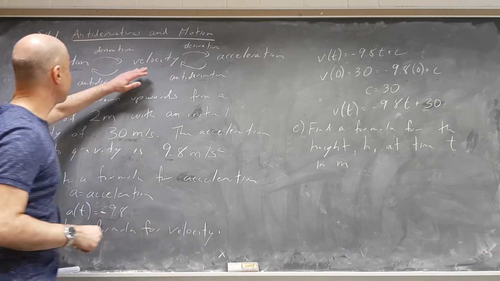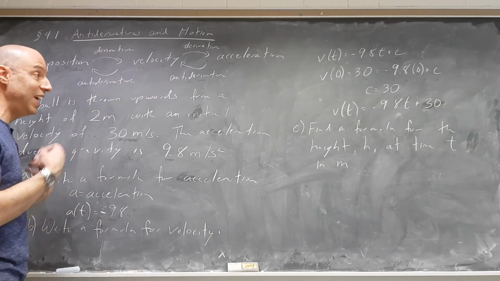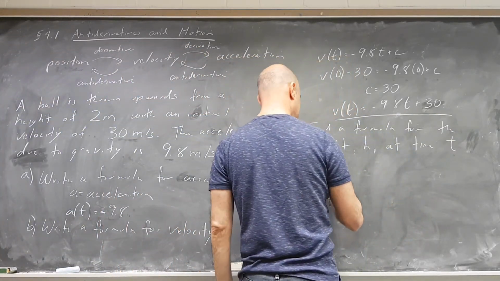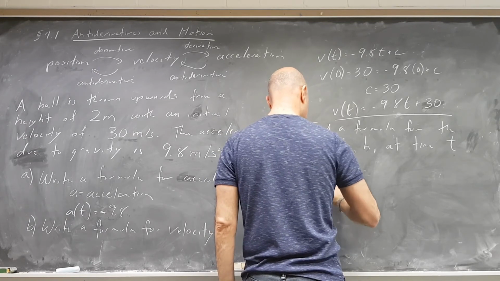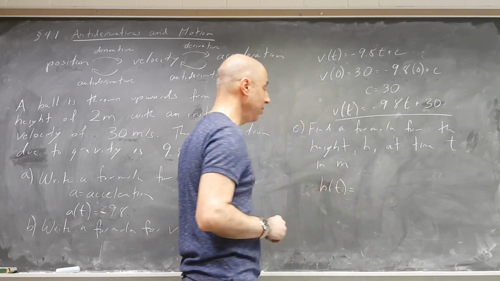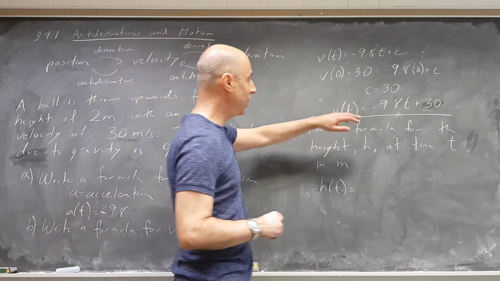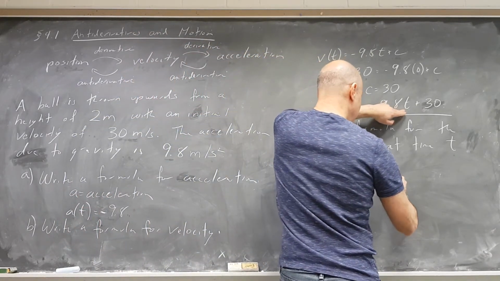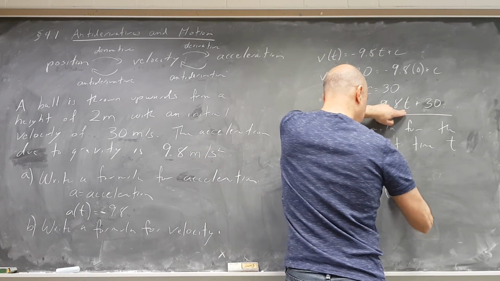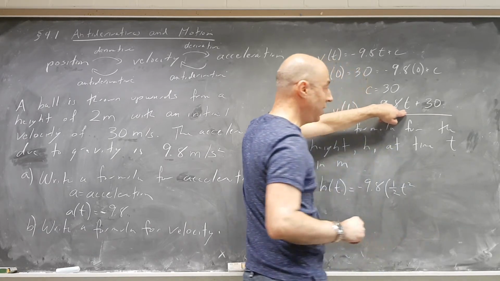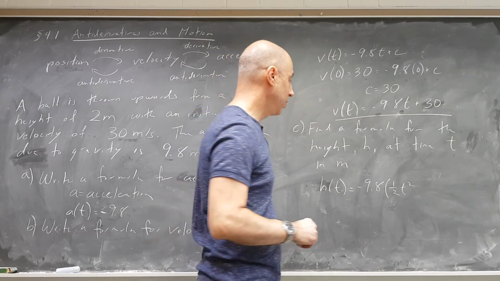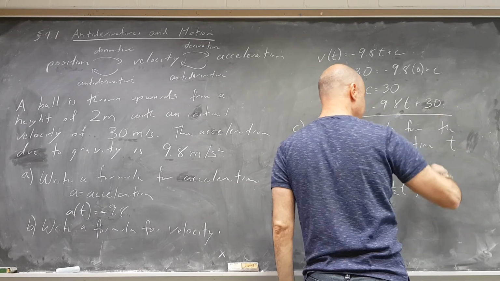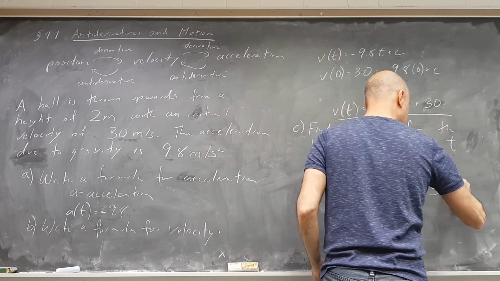Well, we know to go from velocity back to position, we take the antiderivative. So you have a formula for velocity. To go back to position, in this case height, we take the antiderivative. So minus 9.8. The antiderivative of t is going to be 1/2 t squared using the antiderivative power rule, plus the antiderivative of 30 is going to be 30 times t.